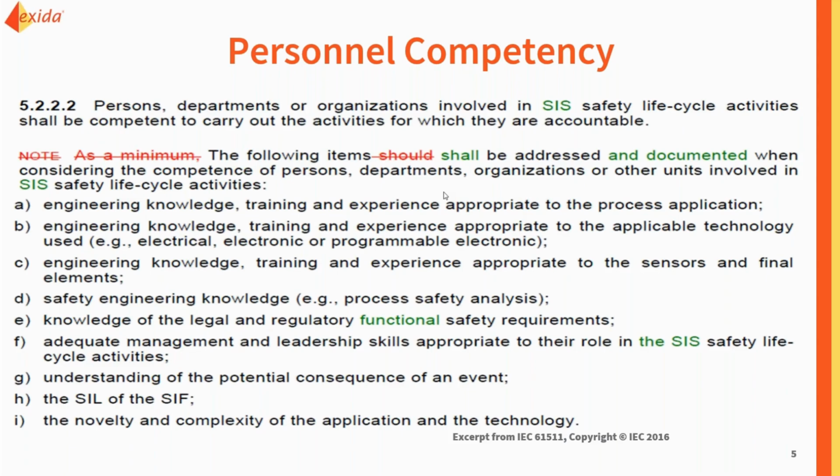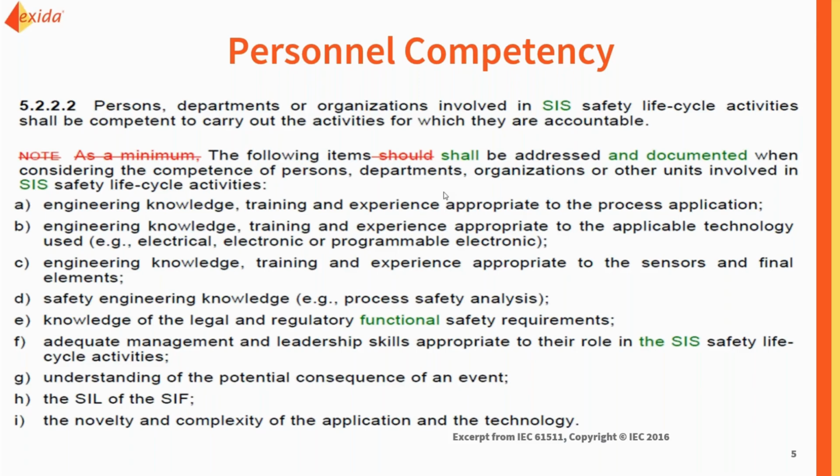Then engineering knowledge, training, and experience appropriate to the sensors and the final elements specifically, as well as the overall process safety analysis. So here again, if we're involved in doing the hazard and risk assessments, in other words, we're sitting in a PHA or a LOPA, layer of protection analysis, do we have the relevant experience or competency to be able to participate?